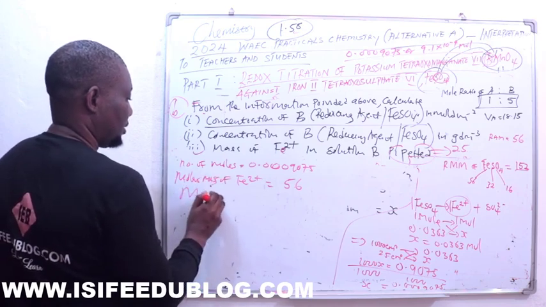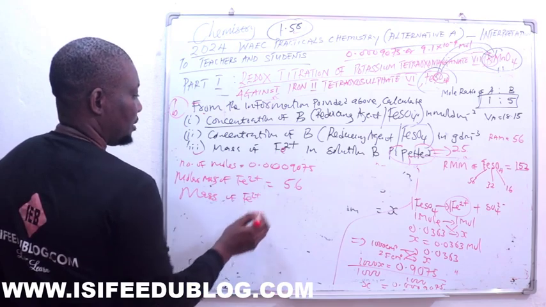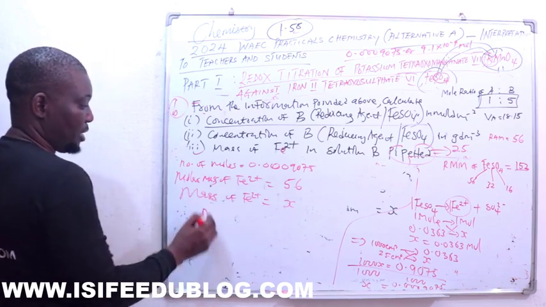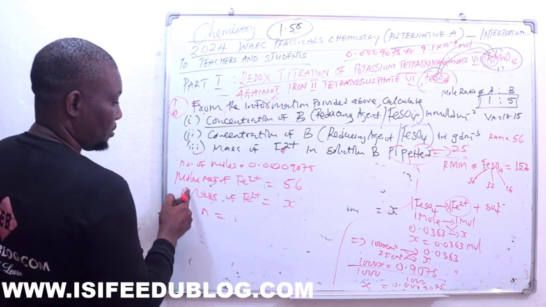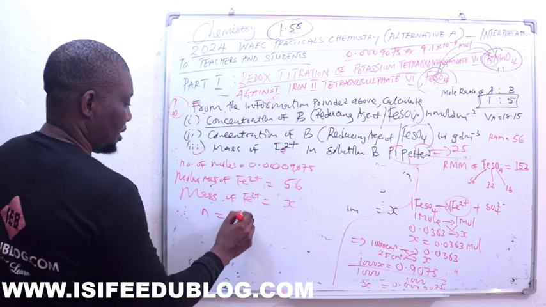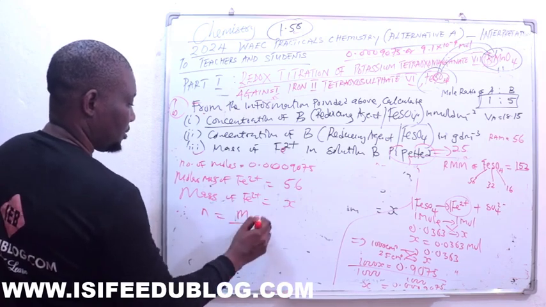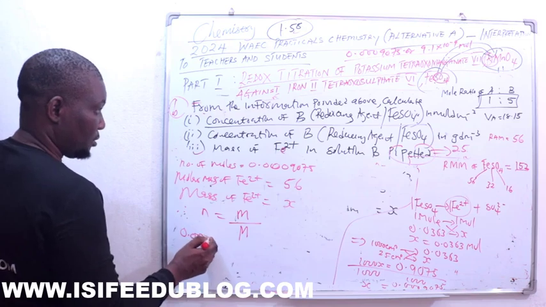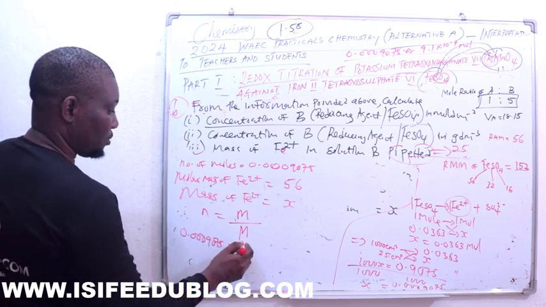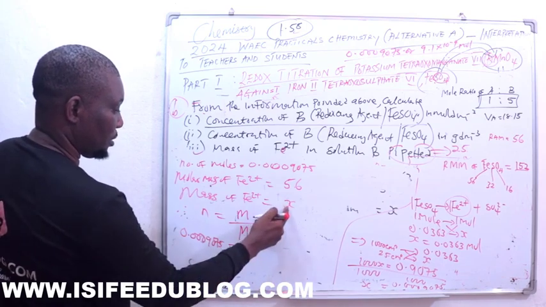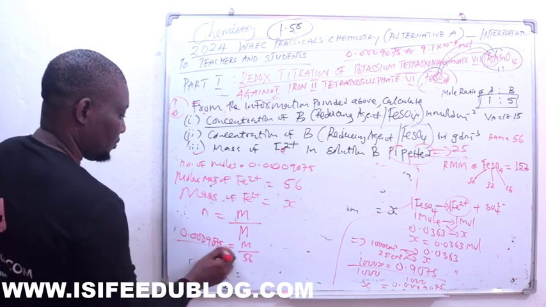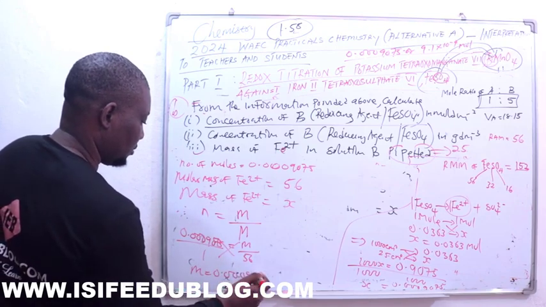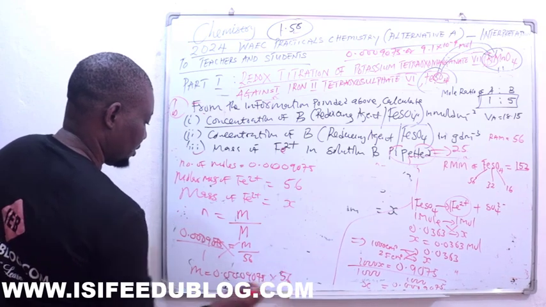So now, the mass of Fe2+ that reacted is x. Therefore, number of moles n equals mass over molar mass. So we plug these values in. So n here should be 0.0009075 is equal to m, which is this x over 56. So cross multiply. M is 0.0009075 times 56.